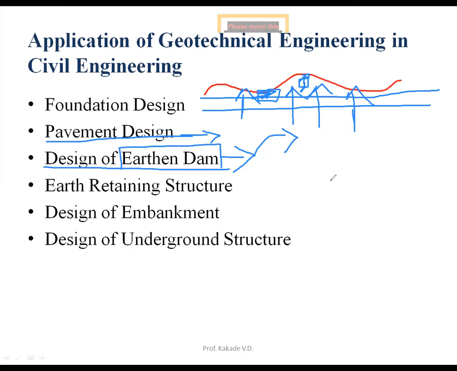That's why we need knowledge of soil mechanics or geotechnical engineering to prepare a dam. What kind of soil is required, what should be the density, how much should it be compacted, whether the soil is concentrated or not, what the void ratio is. Those things must be known before construction of an earthen dam.